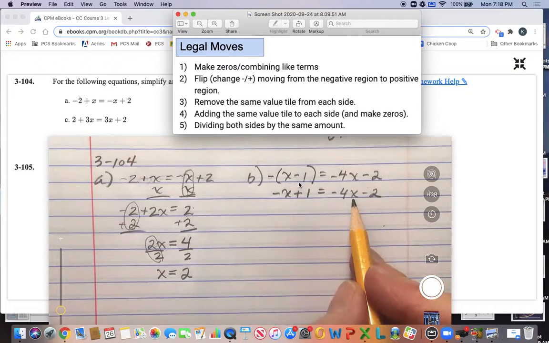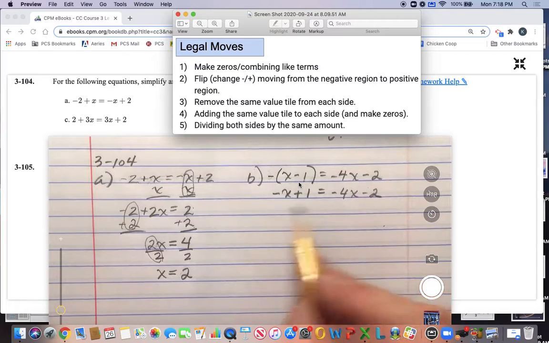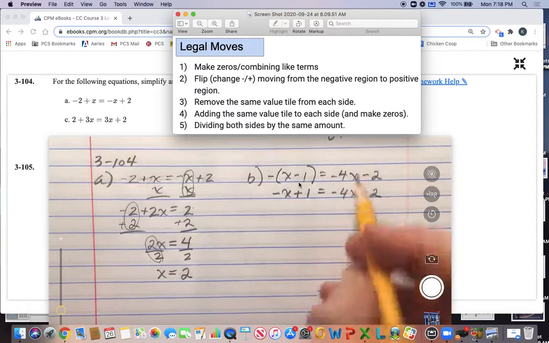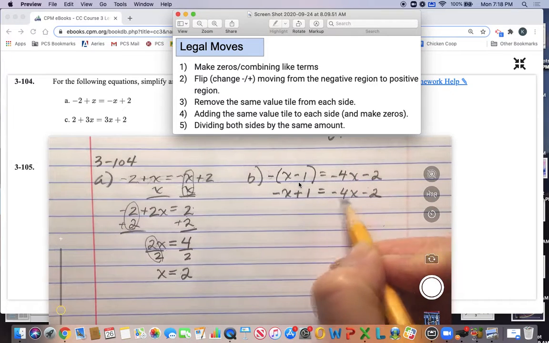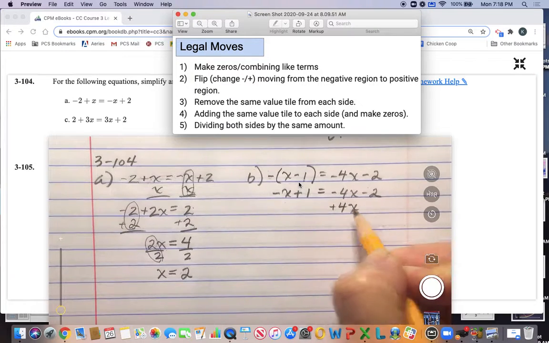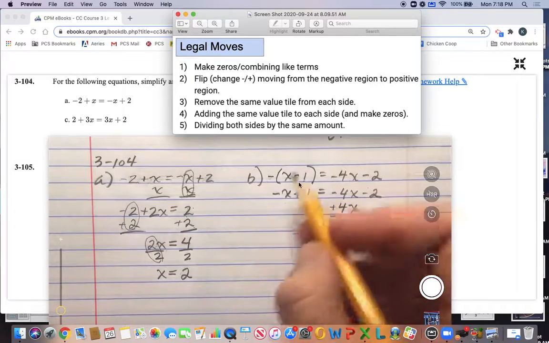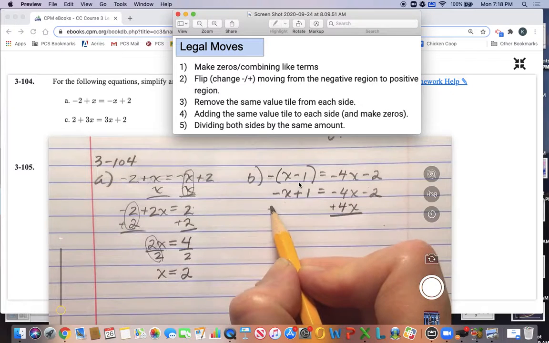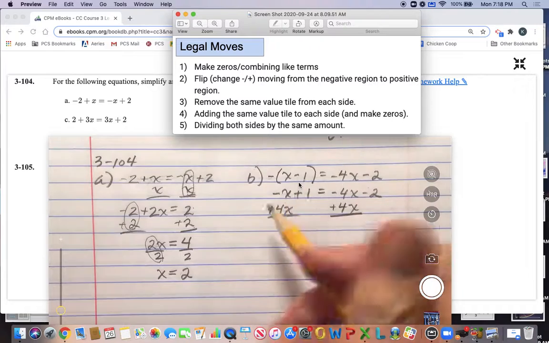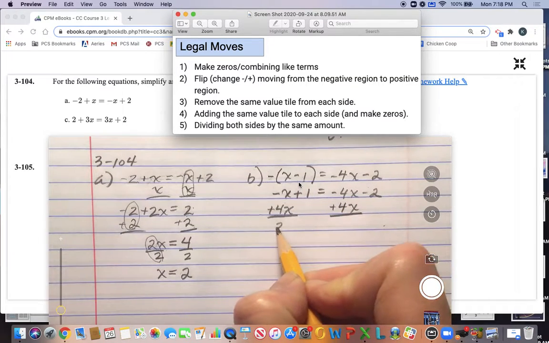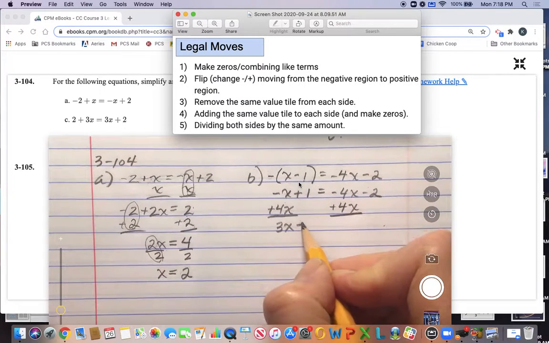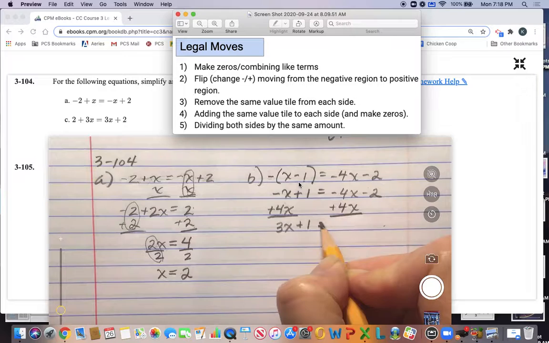All right, so now I would like to get the x's on one side, and I kind of would like them to be positive. So I'm actually going to add 4x to each side. So plus 4x. So I'm going to zero it out on this side. And on this side, when I add +4x, I add that to the negative x here, and I have 3 positive x's left. And then we'll drop down that 1, plus 1, put the equal signs.